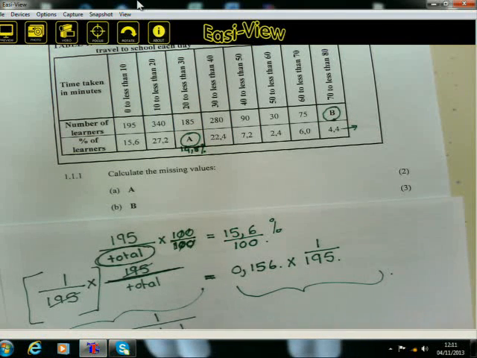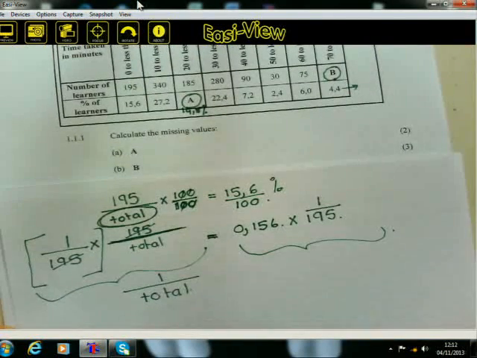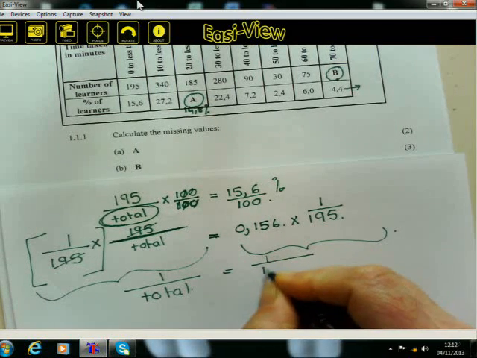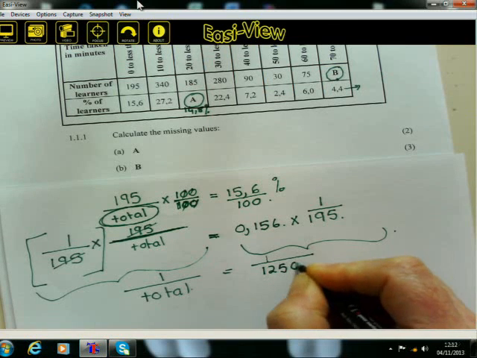So I cannot just go and multiply and be finished about it. Okay? I can go and multiply 0.156, multiply 1, divide by 195, and I get on my calculator 1 over 1250.